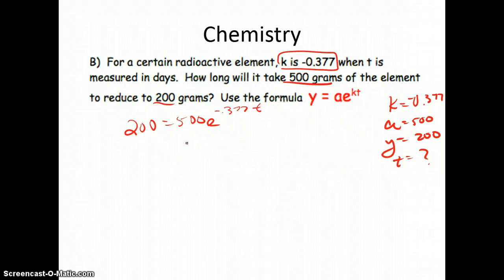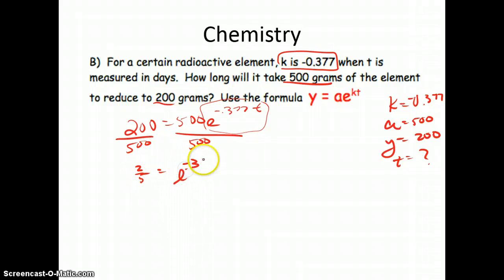Now that we've plugged it in, it comes down to solving this problem like we have in the past. Before we can solve for T, we have to get this e to the exponent by itself, so we divide by 500. We end up with 2/5 is equal to e to the negative 0.377 T. Now we take the natural log of both sides because we want that inverse operation.